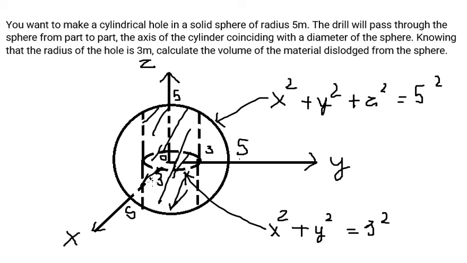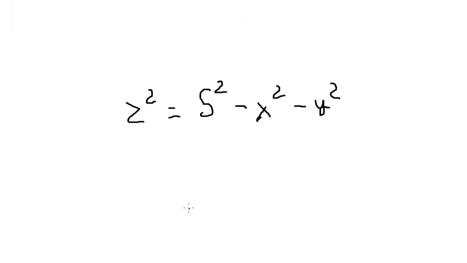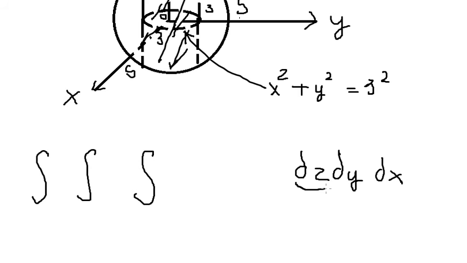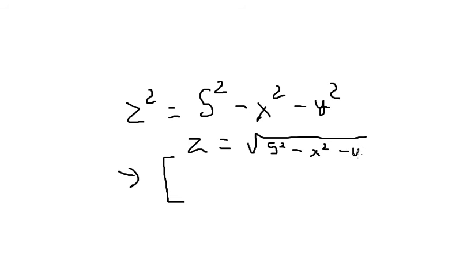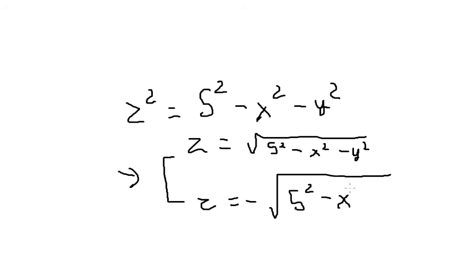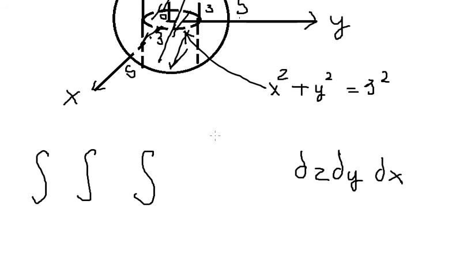Because it goes through the sphere, we get the positive and the negative. So the bounds for z are z equals the square root of 5 squared minus x squared minus y squared, and z equals negative the square root of this one.